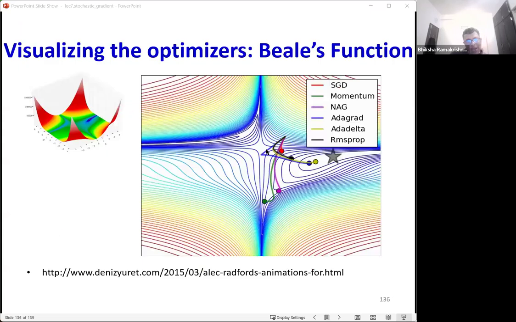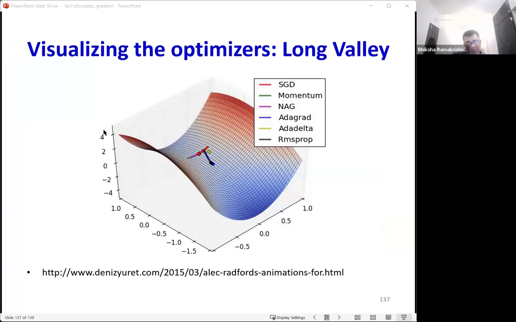Very nice. So this guy, he actually showed, he compared the different optimization methods for different loss functions. I don't have time to go over it, but you can actually look at these behaviors and get a very nice feel for how these things behave.